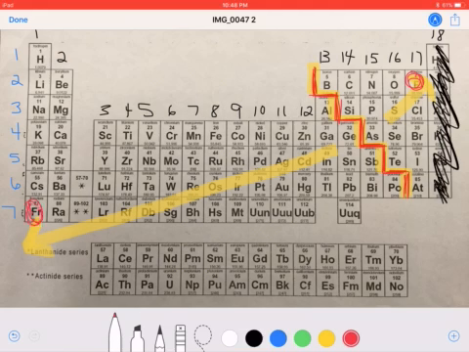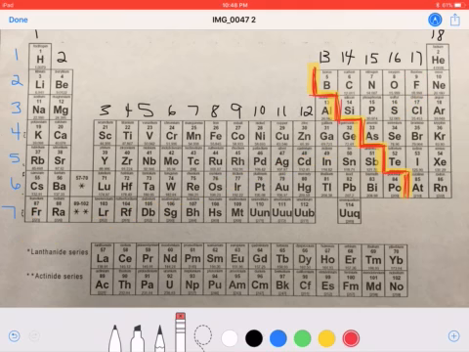The last trend that I want to mention is ionization energy. This is for when you're thinking about the amount of energy required to remove an electron from an atom.